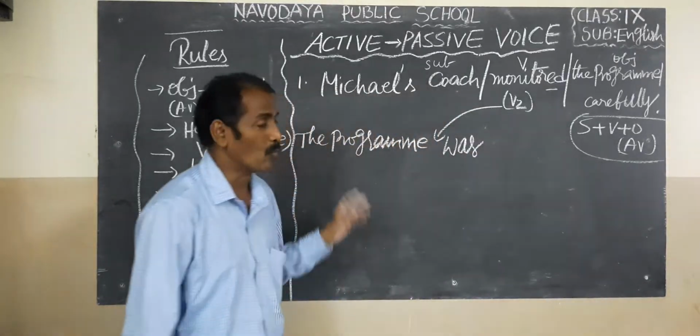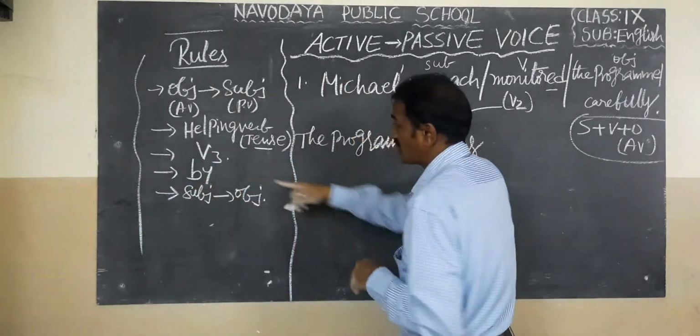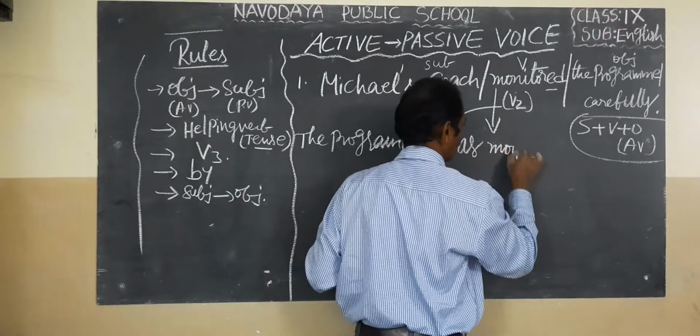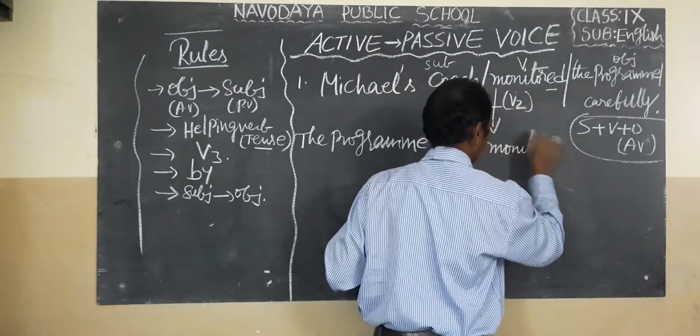The next rule is V3. Monitor, monitored, monitored: here is V3.